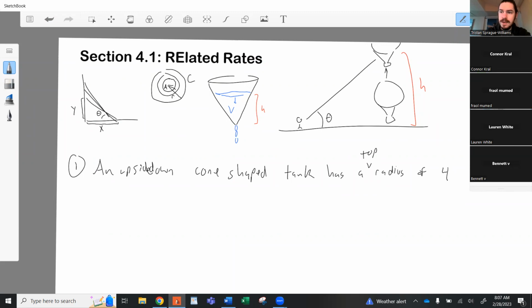It's going to be a nice big cone tank. And a height of 6 feet.